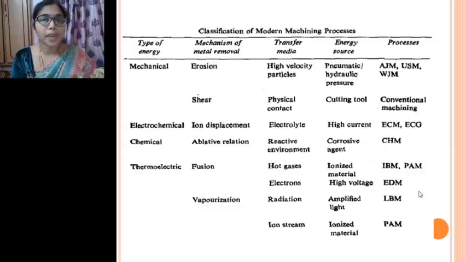In the same way, here also the electrons and ions move from one surface to the other surface.